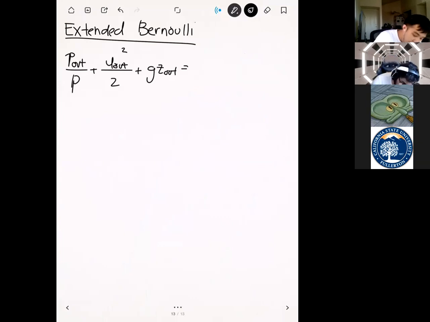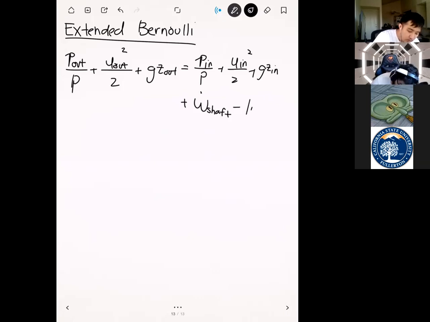And this equals the same things at the inlet: P in over rho plus U in squared over 2 plus g z in. Okay. And then to this, we're going to add some additional terms. First of all, for shaft work, we ignored it at first, but we're going to bring it back now. Minus our losses.